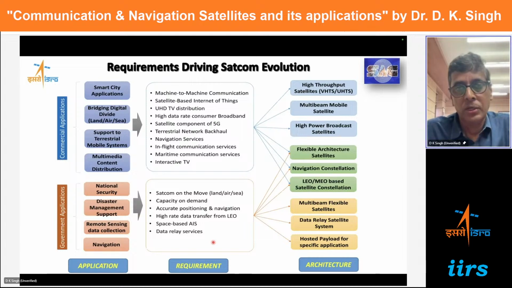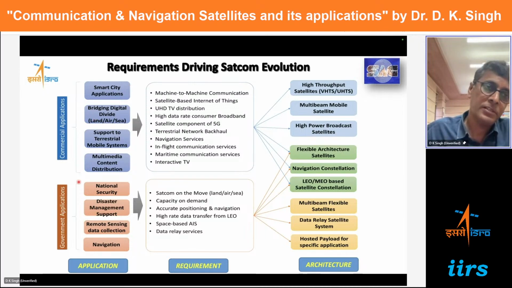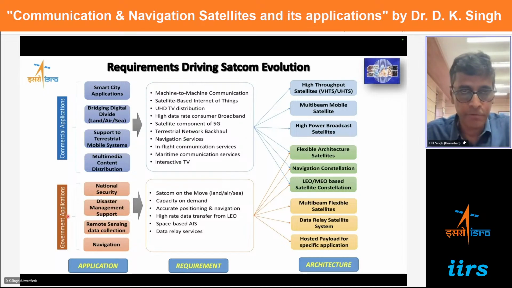Now, how the satellite communication systems are designed? The basic principle is it starts from the application. A different kind of users, they dictate different kind of application. Commercial users have a different application. Government or defense type of users, they have a different kind of application.